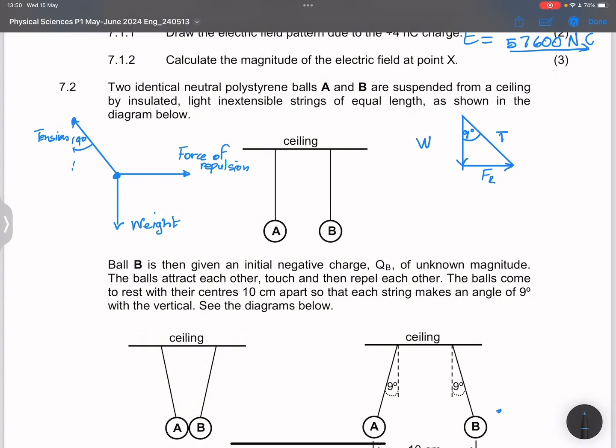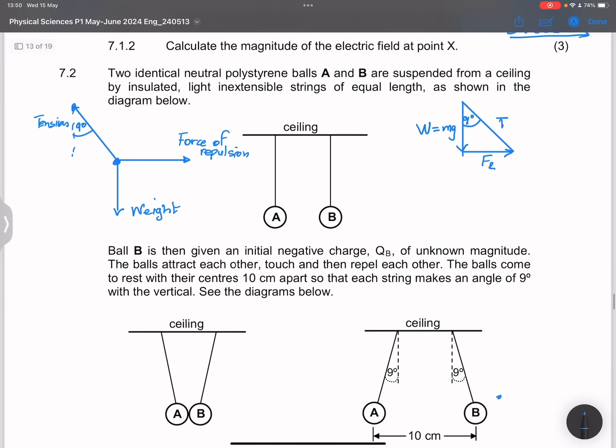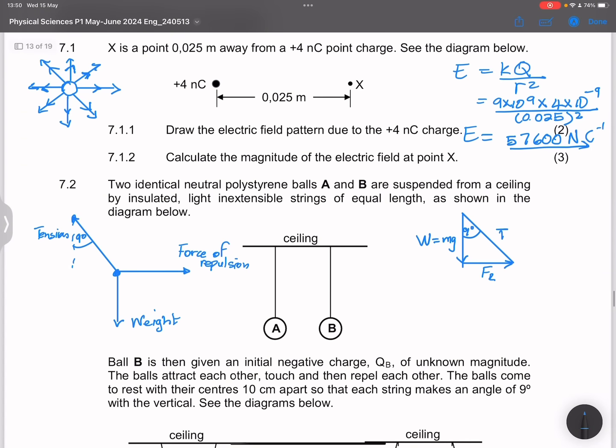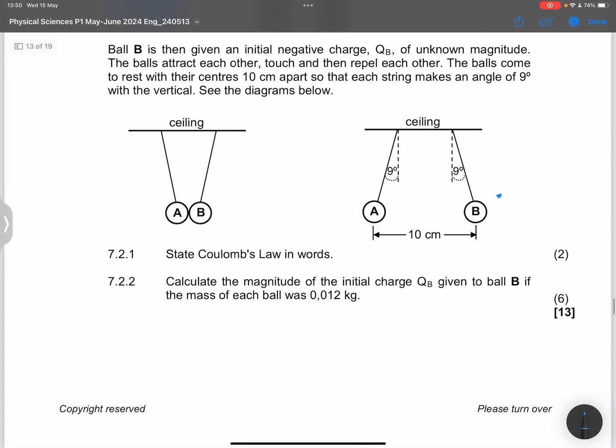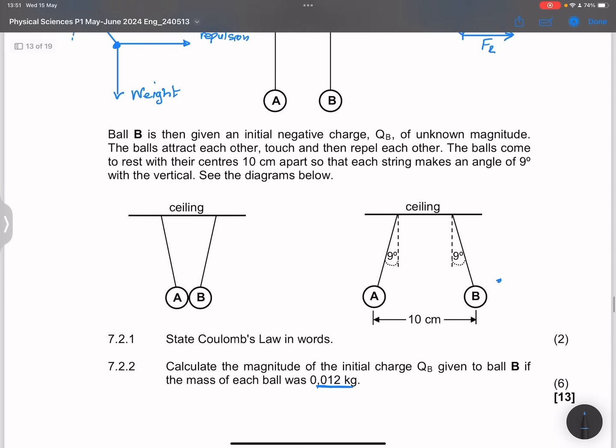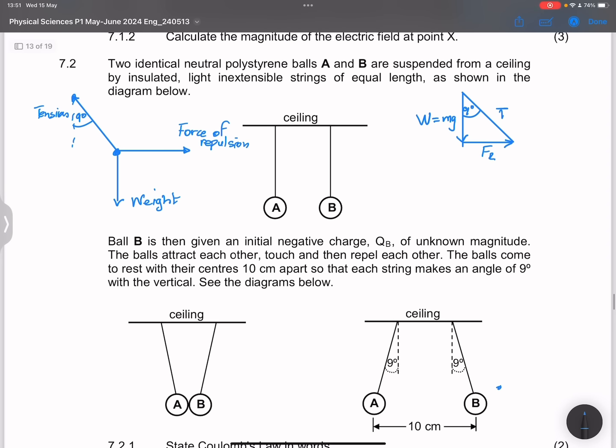Now, remember, we can find out what the weight is because we know the mass that is given to us, right? So they told us that the mass of each ball is 0.012 kilograms. So the weight would be 0.012 times 9.8.